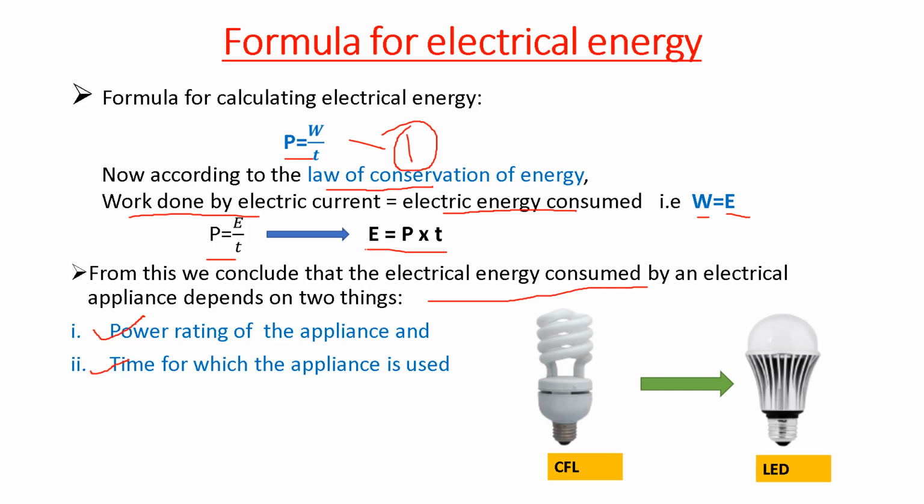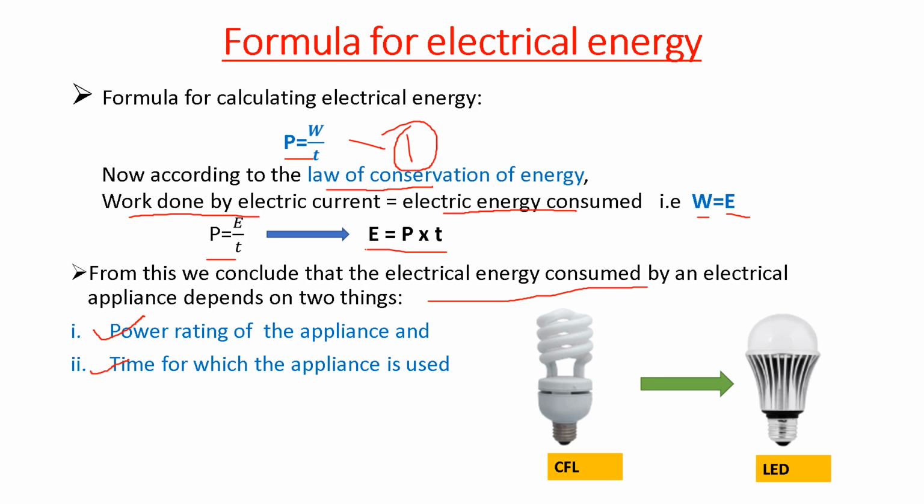And we are generally advised to switch off the fans or lights when they are not needed. Why? To reduce the time for which the appliance is running, so finally we reduce the amount of electrical energy consumed by that appliance. So from this formula, these are the two points that can be concluded.